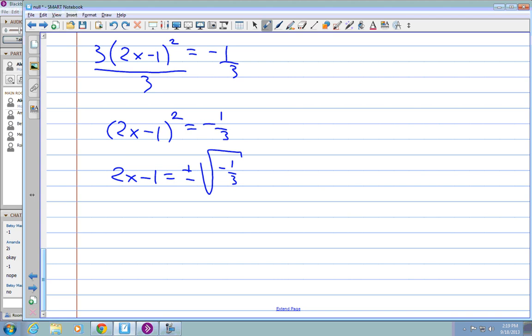First of all, we see a negative under the radical, so we should replace it with an i. So I can say it's plus or minus i over the square root of 3. I took the square root of negative 1, I got i. The square root of 3 remained to be the square root of 3. Now we have a radical in the denominator, right?